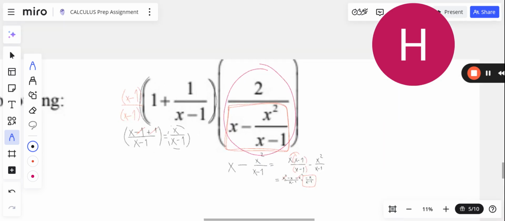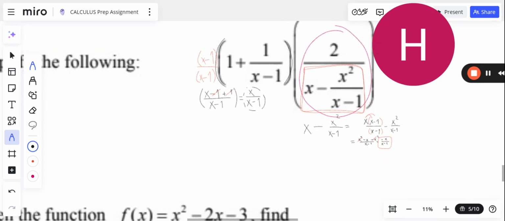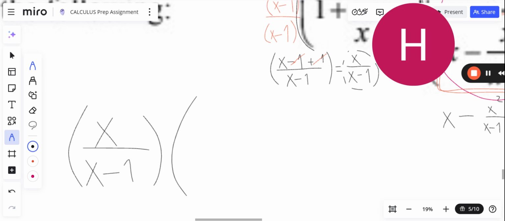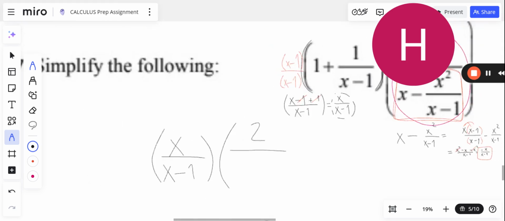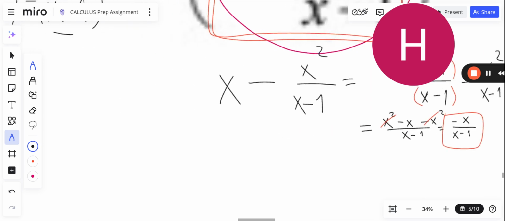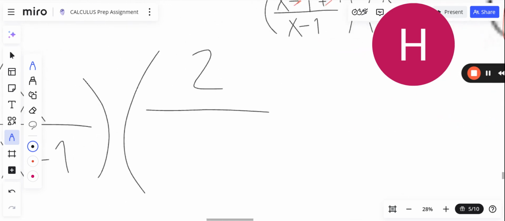So how can we write this entire expression in a nicer way? That means we basically have x over x minus 1 times 2 over negative x times x minus 1.